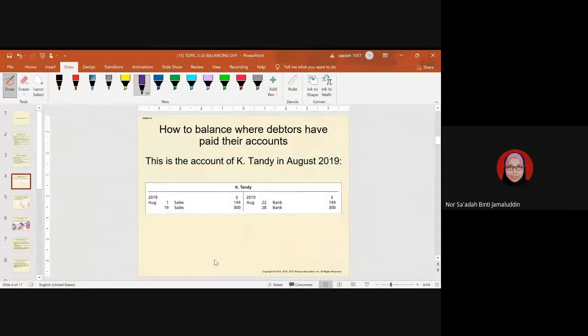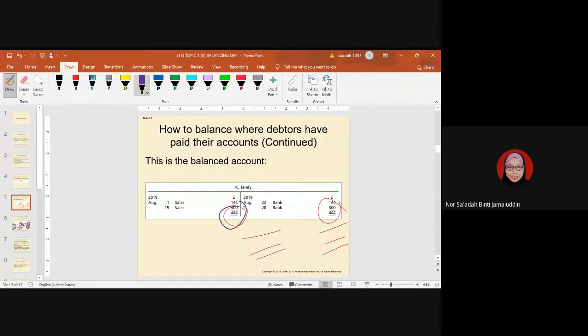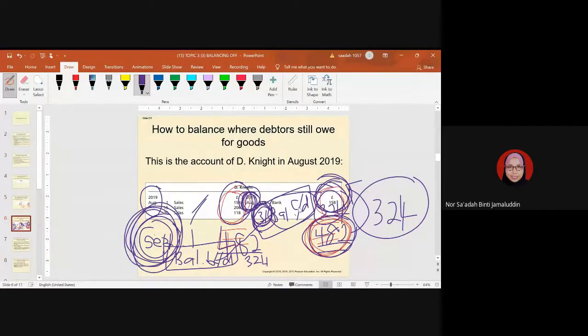Let's say, for this example, K10D, okay, K10D tak ada pun balance brought down. So, no need to transfer K10D into the Trial Balance. Because in the Trial Balance, we just include all the balance brought down. So, let's say for this situation, a balance brought down on the debit side, you transfer it into the Trial Balance, you put the name of the account and then put it on the debit side.